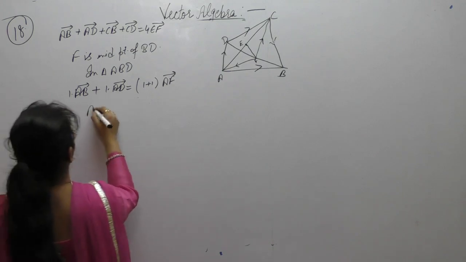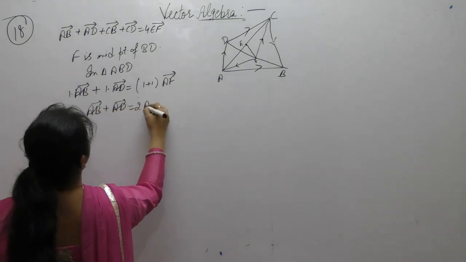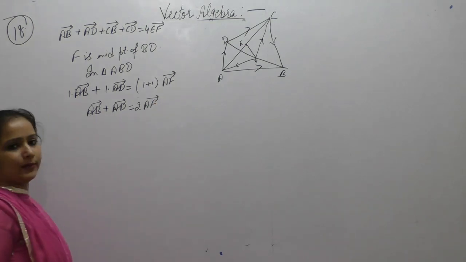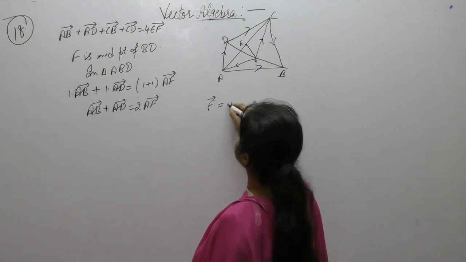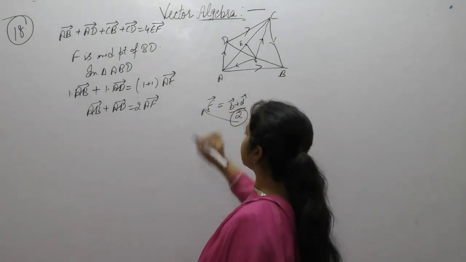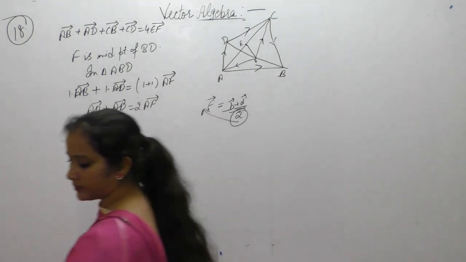Now AB vector plus AD vector is equals to 2 times AF vector. F is the midpoint of this. Therefore, we can say that F vector is equals to B vector plus D vector upon 2. 2 times AF vector is equals to AB plus AD vector.